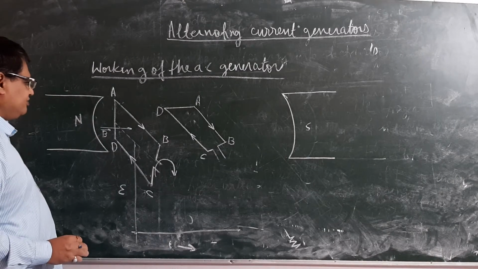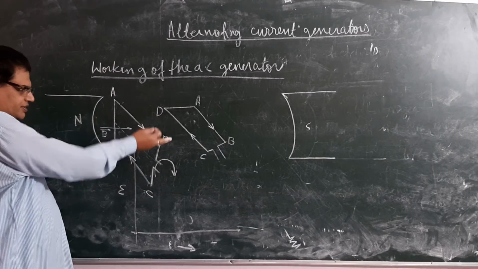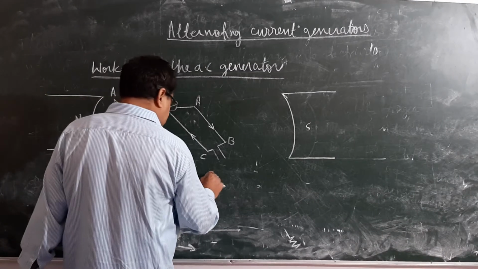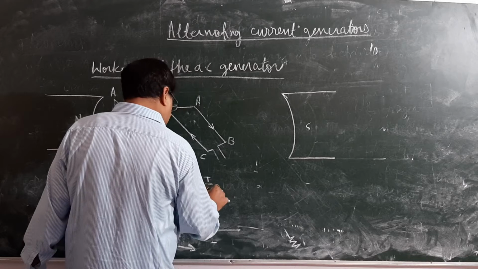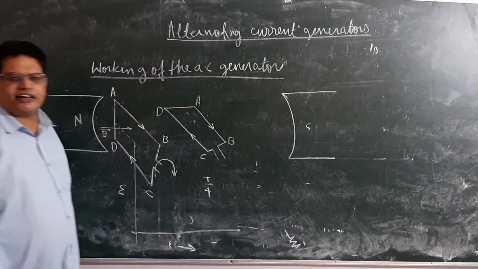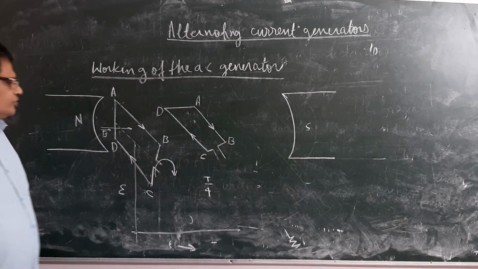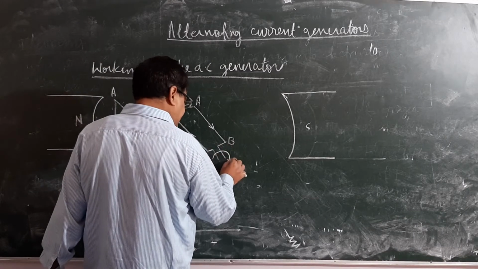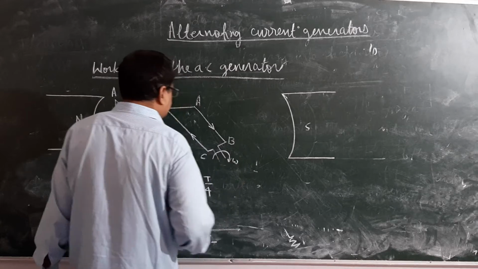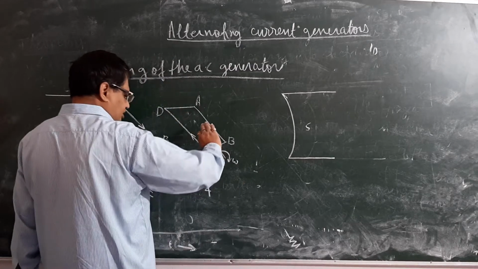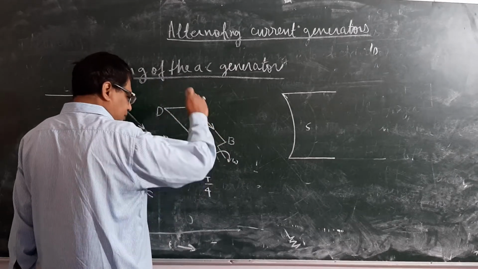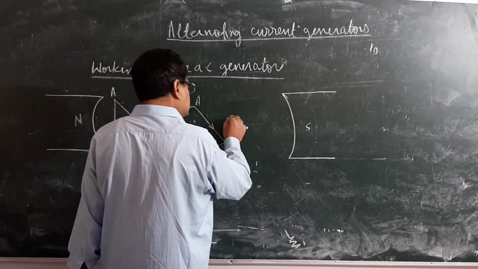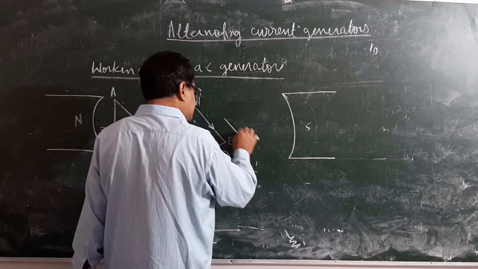So how much time will it take to rotate from here to here? The time required is T/4, where T is the time period of the entire cycle. Now this is kept rotating along this direction with a constant angular velocity omega. Now, if it is rotated like this, AB will go down and CD will come up. So, we will get the position of AB like this.